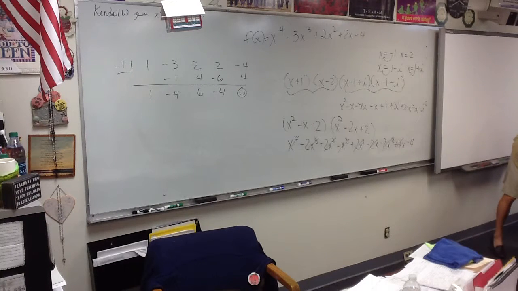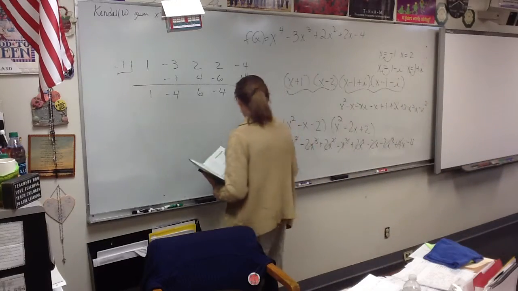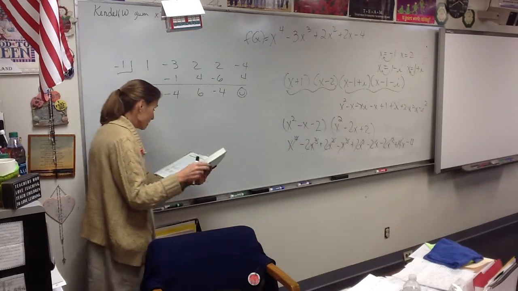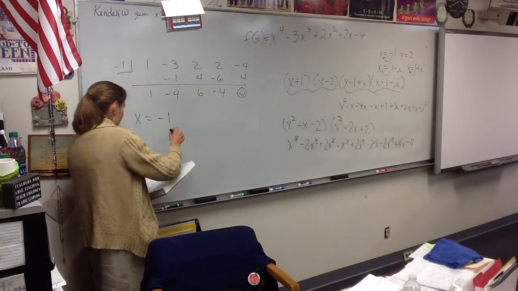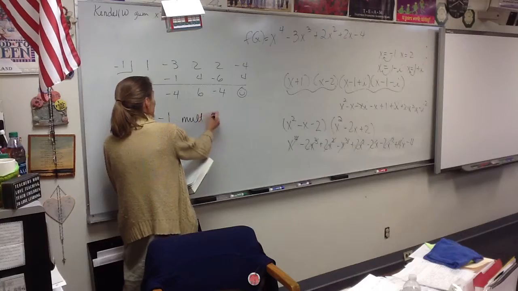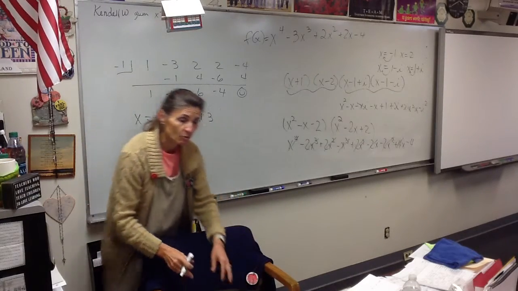All right, the next one I want to take a look at is number 14. I'm not going to multiply it out. Number 14 says that I have x equals negative 1, but it has multiplicity 3. What does it mean if it has multiplicity 3?